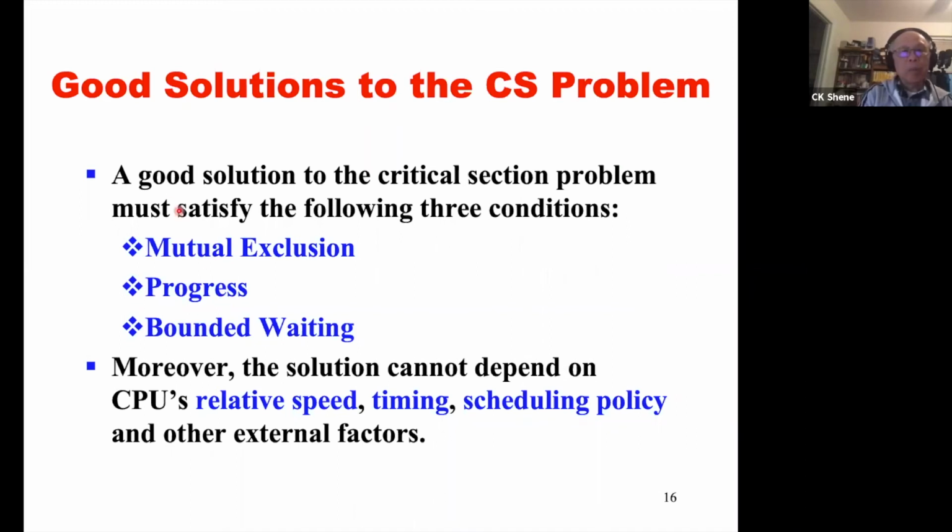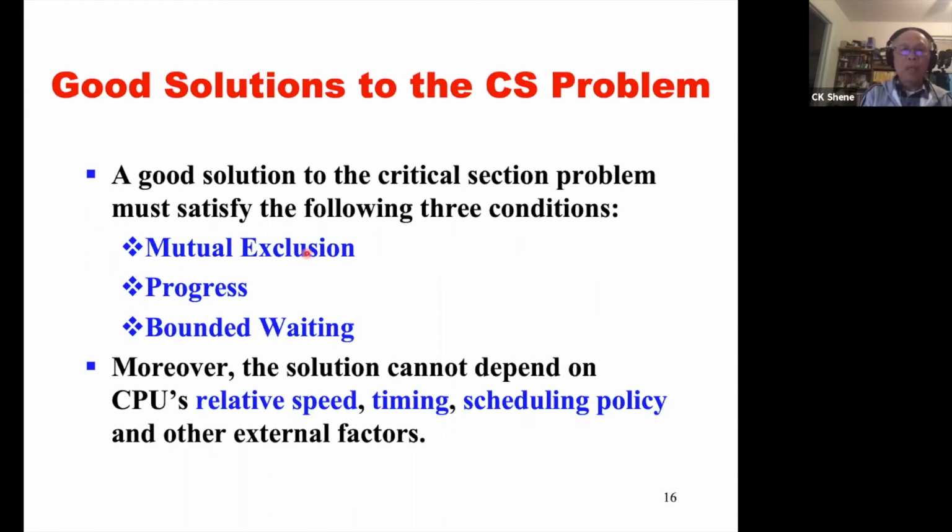So what does it mean to have a good solution to the critical section problem? A good solution must satisfy the following three conditions. The first one is, of course, mutual exclusion. If you fail to do that, your solution is not even a solution at all. The next two are the progress condition and the bounded waiting condition. Let me remind you, in reality, most of the tools in hand may only be able to satisfy mutual exclusion.